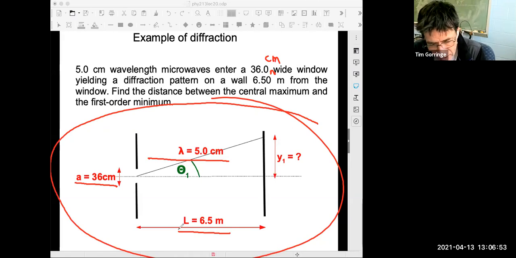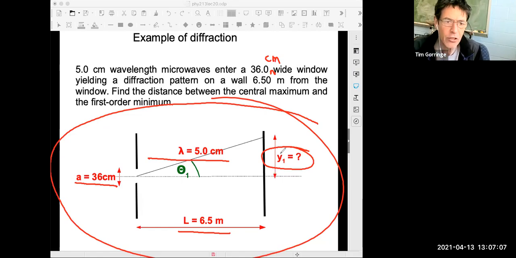And the question is asking us, at what location does the first order minimum, the first order dark fringe, the first order destructive interference occur? So we're going to try and answer that. And I'm actually going to do it 2 ways, because I gave you 2 formulas. There's one formula, which was the approximate one, which gives you directly the location of the first order dark fringe on the screen.